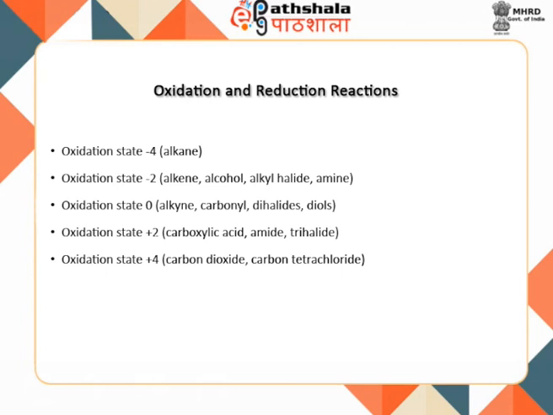Based on the oxidation state of carbon, we can group the organic compounds having different functional groups as shown here. Conversion within a category will not be called oxidation or reduction, as there will be no change in oxidation state in the molecule.